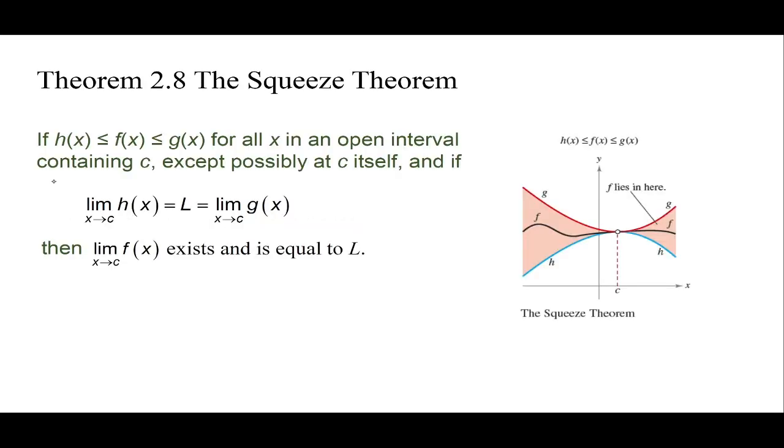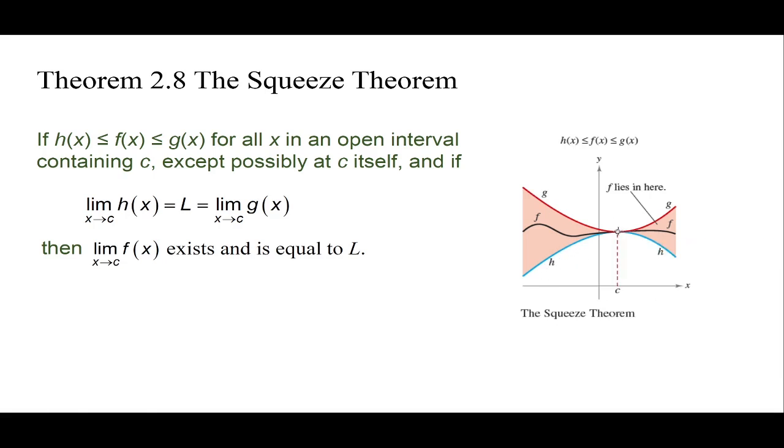There is one very important theorem called the squeeze theorem. The squeeze theorem means, let's assume that there are three functions: function g, function h, and f is in between them. As you can see here, when x approaches c from the left and from the right, the limit of the function g is this value, and the limit of the function h is the very same value.